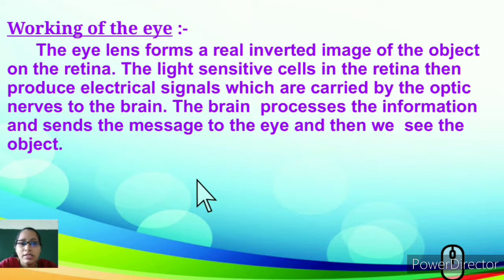Certain electrical signals are produced when the eye lens forms an inverted image. Imagine if it's inverted and you were able to look into the world as inverted. You or me or anybody else, we would see people inverted and walking inverted, and everything would come as inverted.